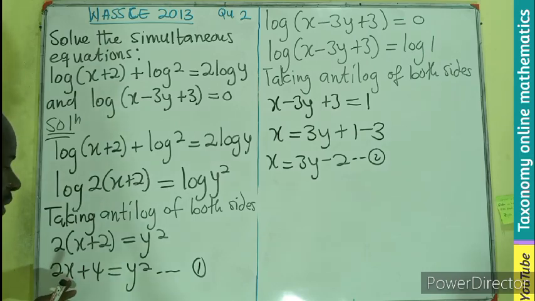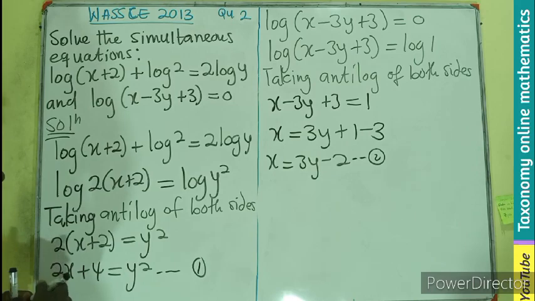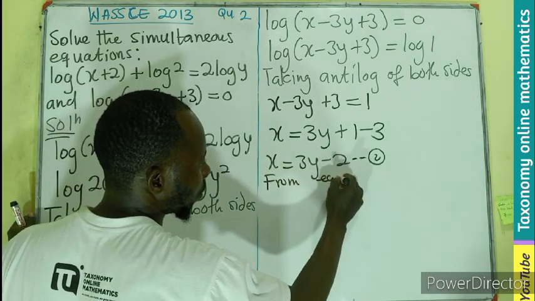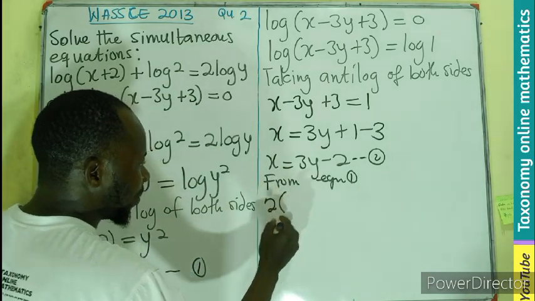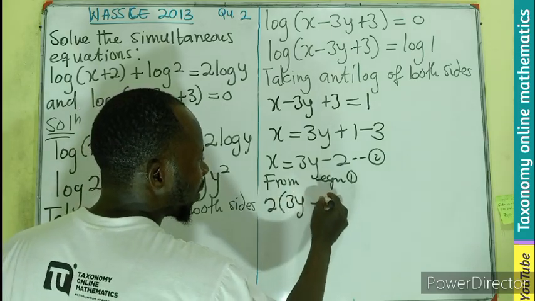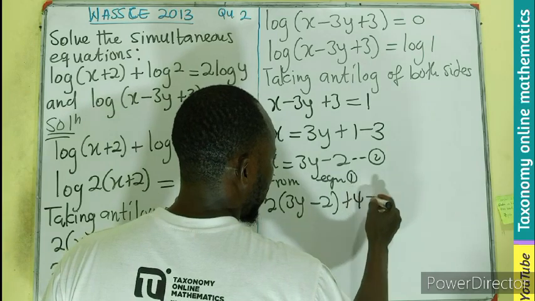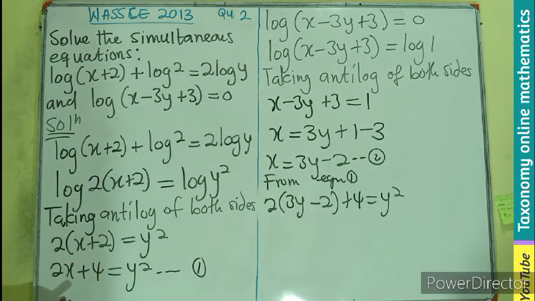We can say that whenever we see x, we introduce this. So from our equation 1, I'll be having 2 times x, and what is x? x is 3y minus 2, plus 4 equals y squared, from the first equation we have here.